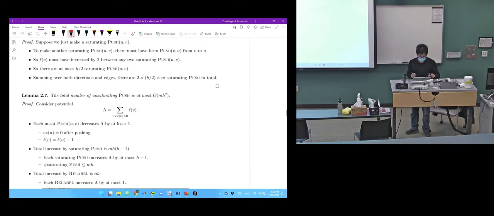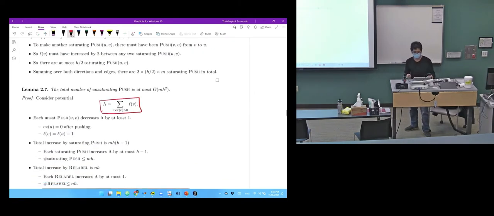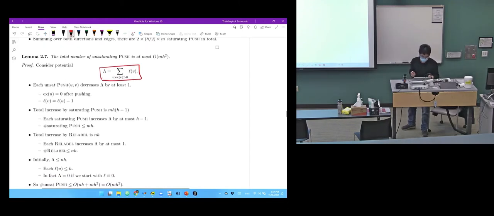To do that, we use a potential function, and we show that each unsaturated push decreases this potential function by at least 1, and everything else can increase this potential function by not too much.